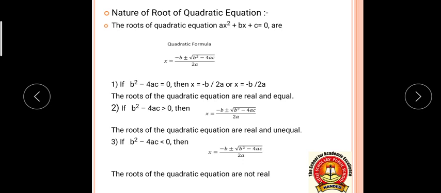Okay students, on the basis of these three conditions, you have to decide whether the roots of the given quadratic equation are real, not real, equal or unequal, that is, find the nature of the roots.